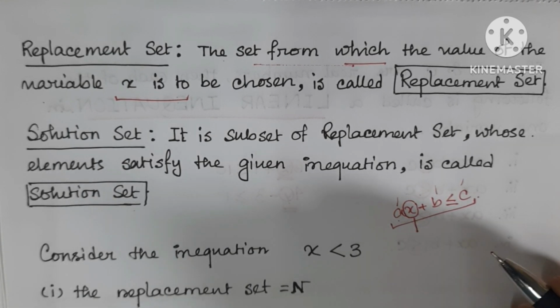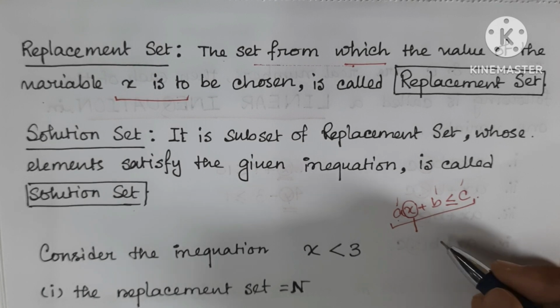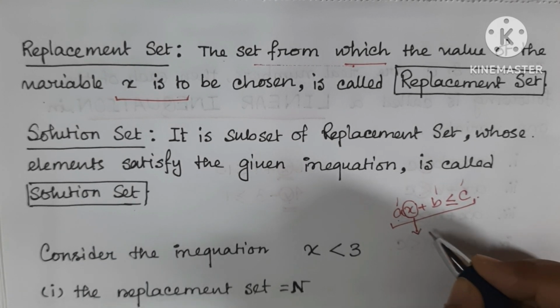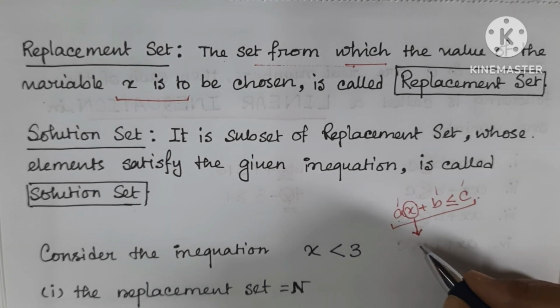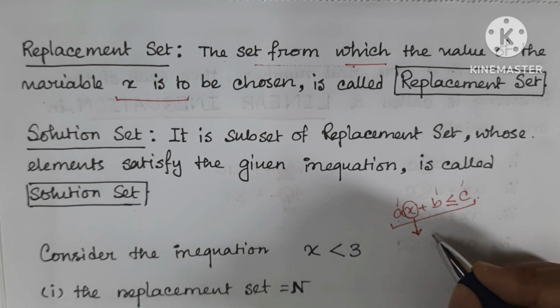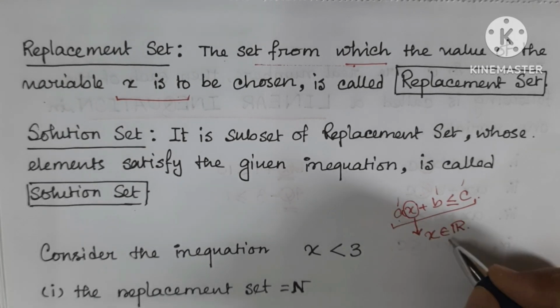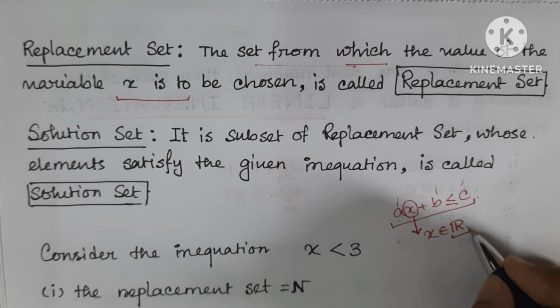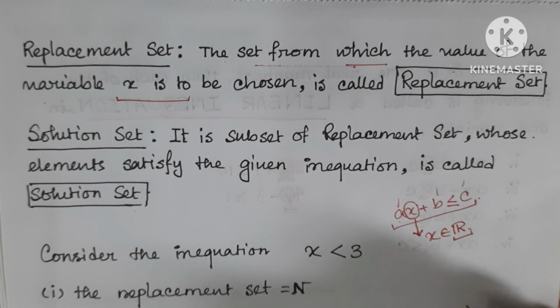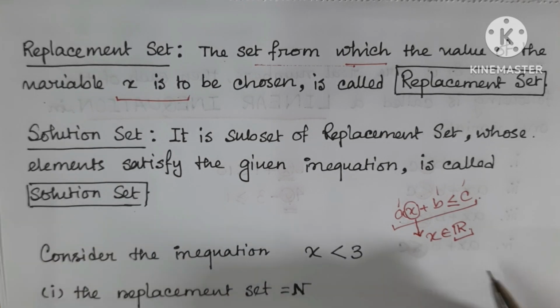x has been chosen from which set, that is called the replacement set. Suppose x belongs to R, then the replacement set will be R, set of real numbers. What do you mean by solution set?